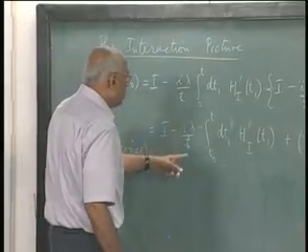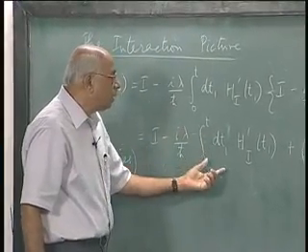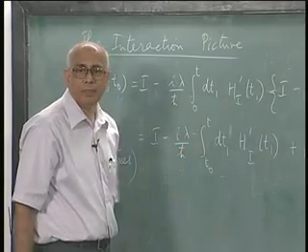You have several other ways of permuting: 6 out of 6 combinations, and you have one of these. So each time you put a 1 over n factorial and you do the integral for each of the n variables from t0 to t, and then of course it is just the exponential, e to the power minus i lambda over h cross, integral t0 to t, dt prime h prime of t prime.